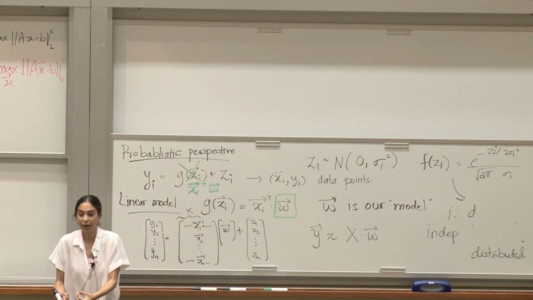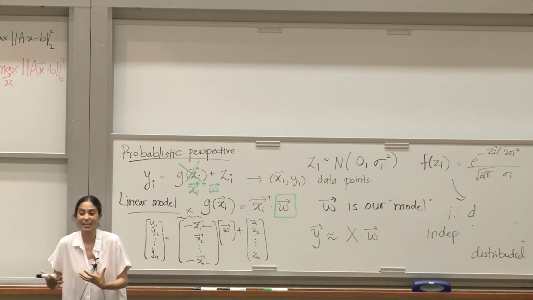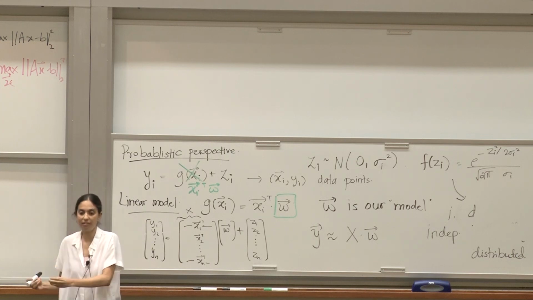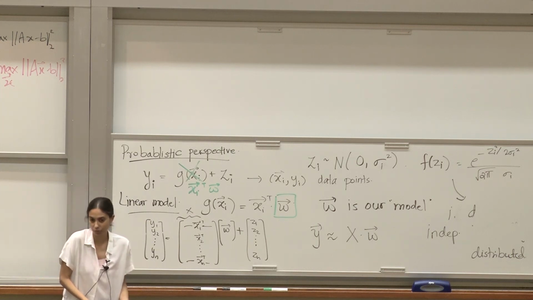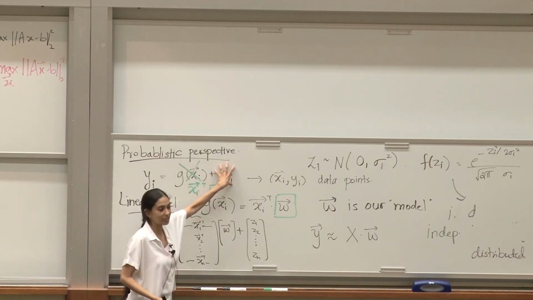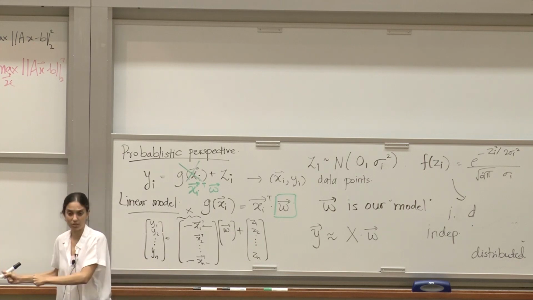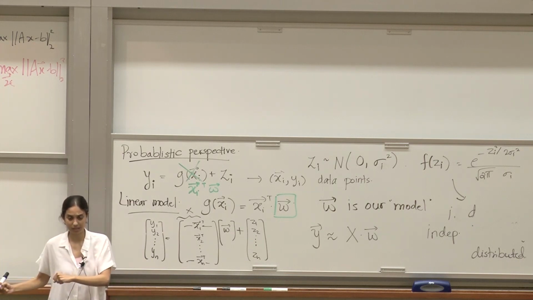But if I could measure y true, I would, but I can't. So as a way of acknowledging that I cannot measure y true, I say my yi is my y true plus some noise. Does that make sense?